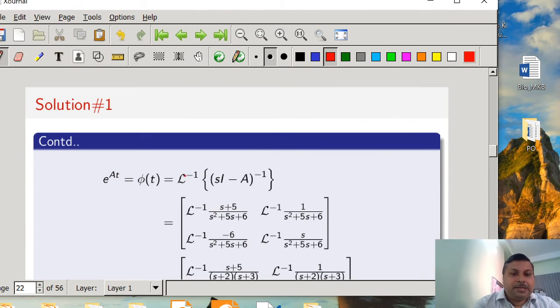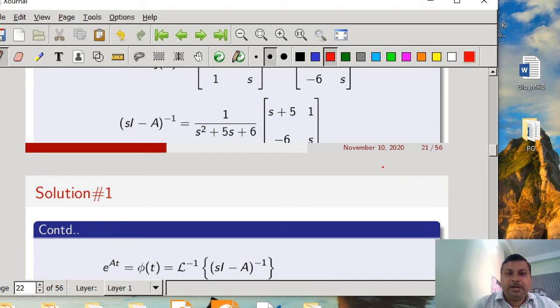So the Laplace inverse of (sI minus A) inverse means we have to take the Laplace inverse of each term, because here you can see that four terms are there: s plus 5 by s square plus 5s plus 6, 1 by s square plus 5s plus 6, minus 6 by s square plus 5s plus 6, and s by s square plus 5s plus 6.